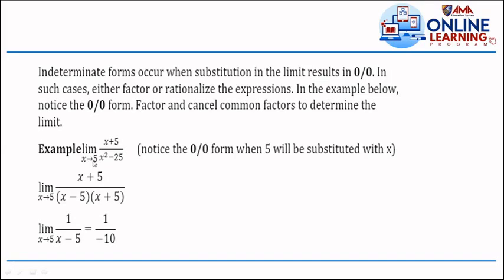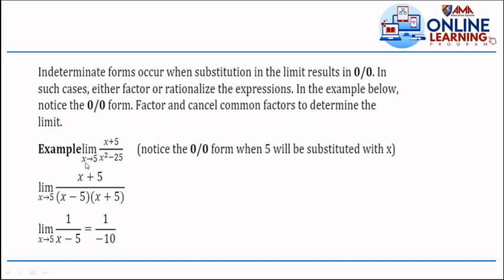So, since our limit is x approaches negative 5, we know their common factor is x plus 5. So, x plus 5 in the numerator, x plus 5 in the denominator. That's right, this is our procedure, our technique for getting the common factor.